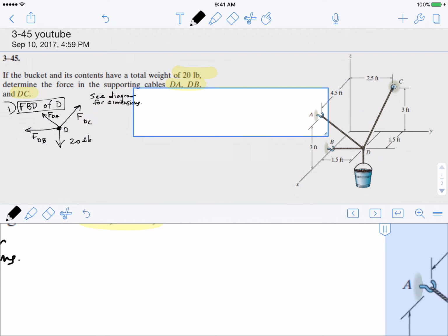All right, next steps are that we need to write those three unknown forces or tensions in Cartesian coordinates. So let's start with the easiest one. FDB, written in vector format, we already noticed that it had nothing in the i.